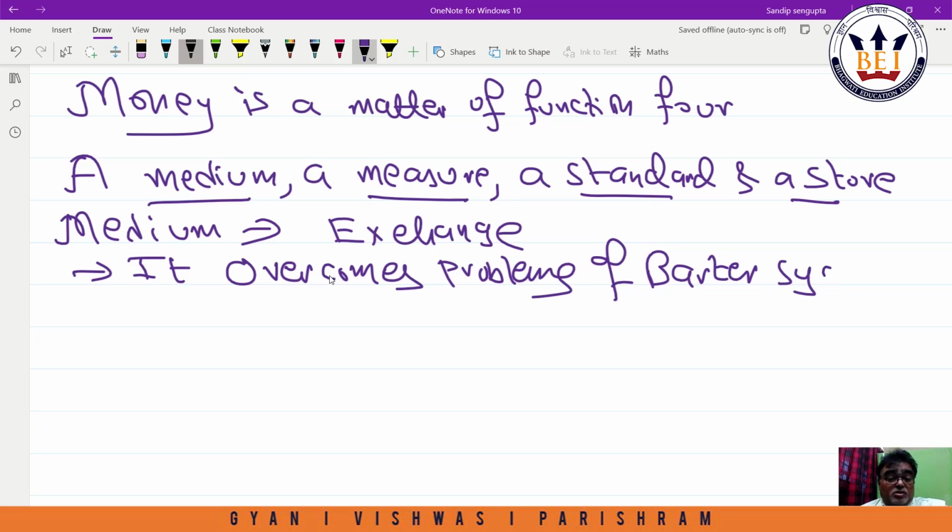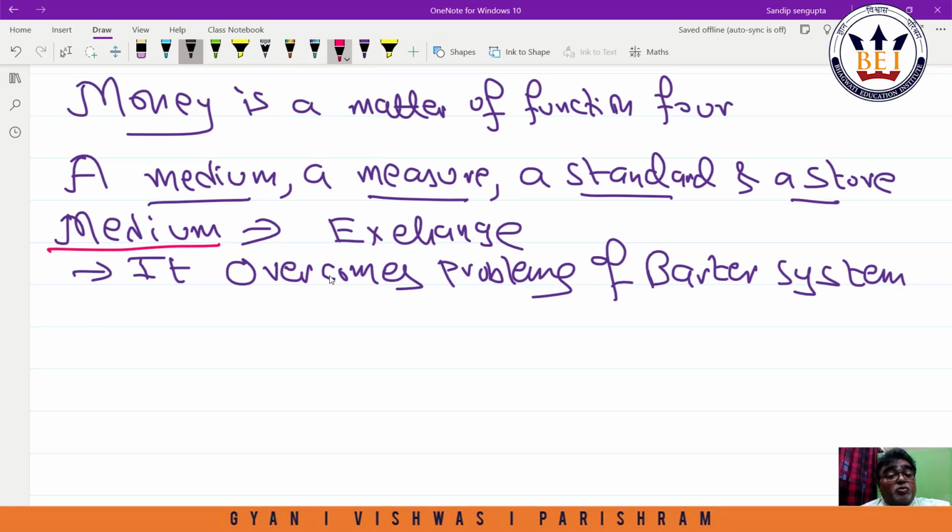I believe everyone knows the barter system was a C-C economy, that is commodity versus commodities economy. But after the innovation of money, those problems are sorted out and money runs as a medium of exchange, so that the economy is in tremendous flow. That is the first point.